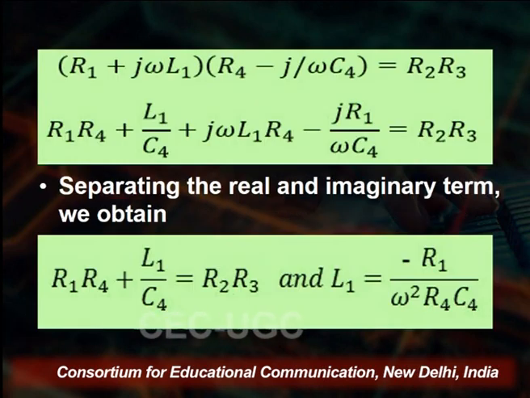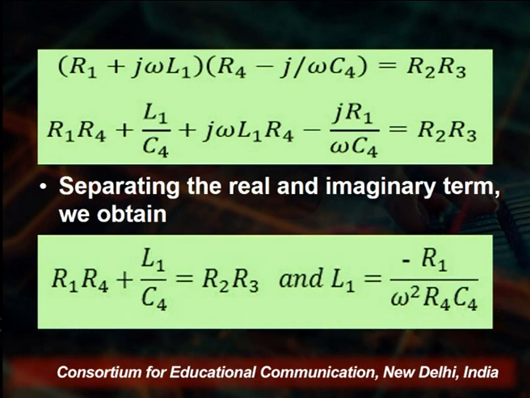At the balance condition we can write (R1 + jωL1)(R4 - j/ωC4) = R2 R3. Expanding, R1 R4 + L1/C4 + jωL1 R4 - jR1/ωC4 = R2 R3. By separating the real and imaginary parts, we get two equations.